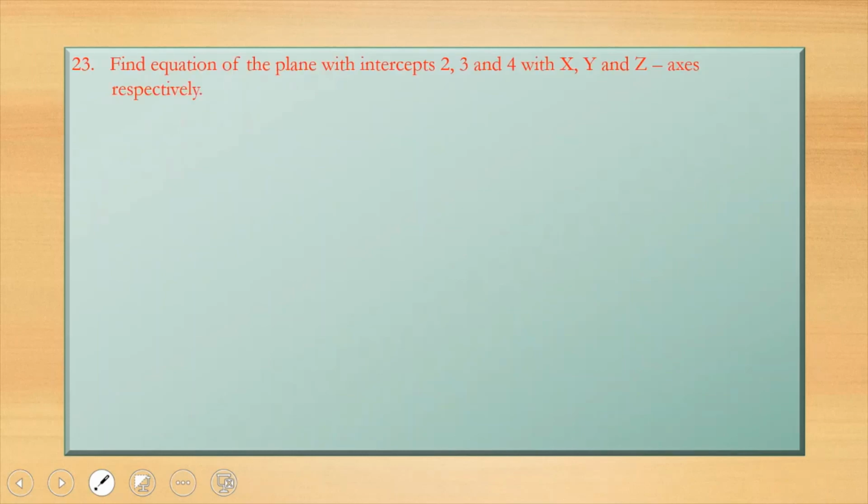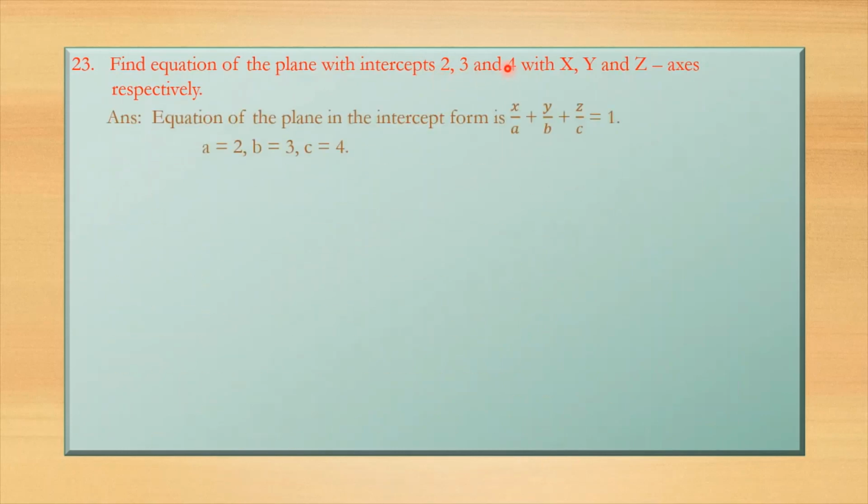Question number 23. Find the equation of the plane intercepting the x, y and z axes at the given values. We need to apply the intercept form of the equation of a plane. The equation of the plane in intercept form is x/a plus y/b plus z/c is equal to 1, where a, b and c are given as 2, 3 and 4 respectively.